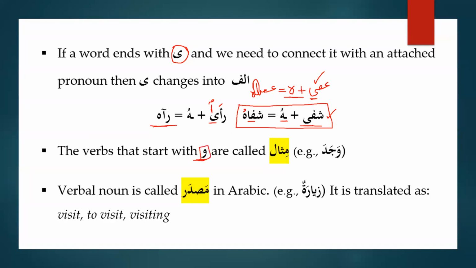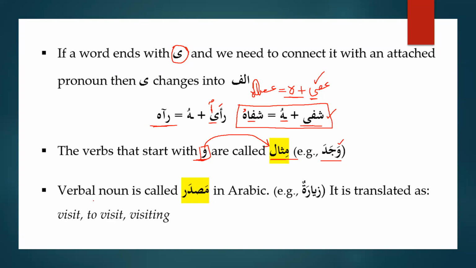So for example, wajada, he found; wahaba, he granted; wada'a, he put. When you learn the verbs in detail, you will come to know about it. The verbs that start with waw are called mithal. You only need to know the name, that they are called mithal, nothing else about that. All the verbs that start with waw are called mithal. And these are the weak verbs.